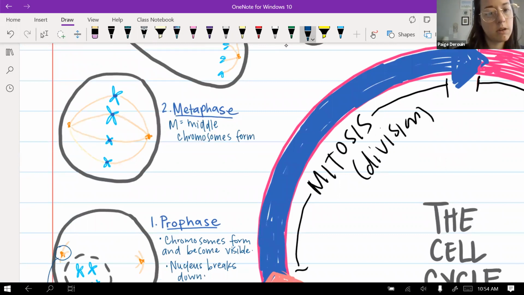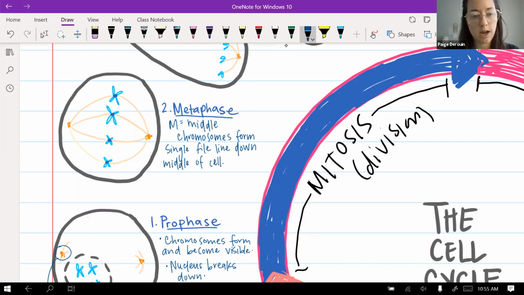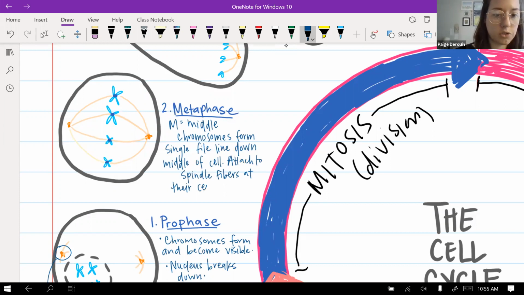And they attach to spindle fibers at their centromeres.